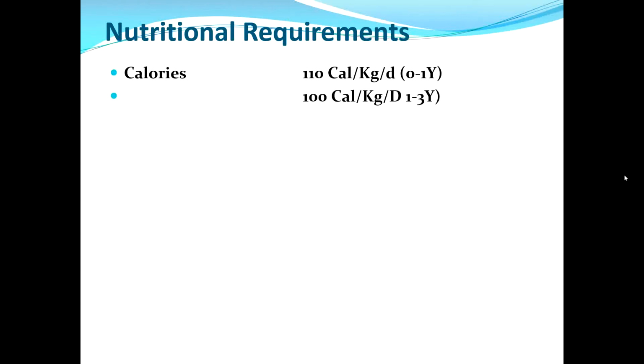It decreases afterwards, and in the 1 to 3 year age group, around 100 calories per kilo per day and 90 calories per kilo per day for age group 3 to 6 years. We have another simple way, that is, for 1 year of age, it is 1000 calories, and after that you add 100 calories per year. Say a 5 year old boy should have 1000 plus 500, that is 1500 calories per day.